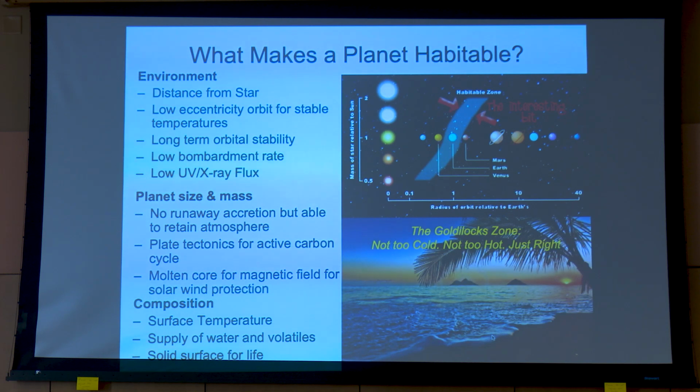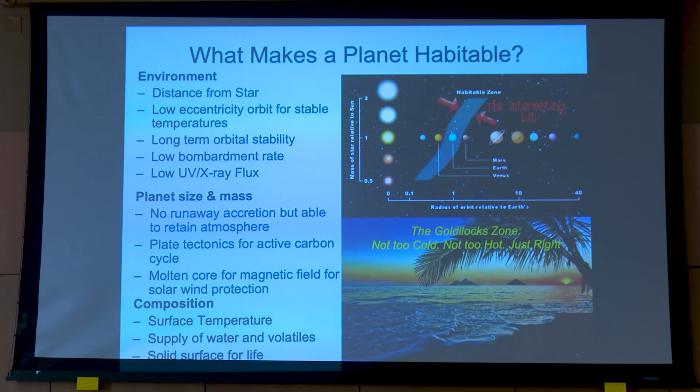Planet size and mass is really critical. You don't want to be too big or too small, no runaway accretion, but be able to retain an atmosphere. There are some arguments that you would like to have plate tectonics to have an active carbon cycle. That means your planet has to be big enough to have plate tectonics and a molten core. You also want that molten core for a magnetic field, for solar wind protection.